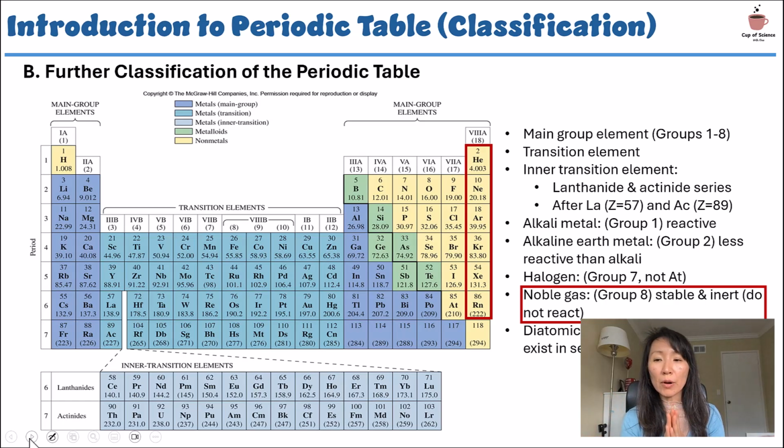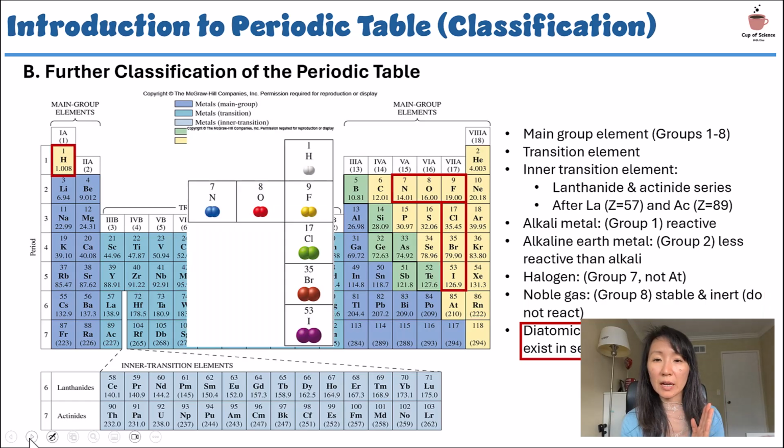There is one more I want to go into, and that's the diatomics. Diatomics are the ones that are in red right now. You see it's nitrogen, oxygen, fluorine, and then you go all the way down to iodine.